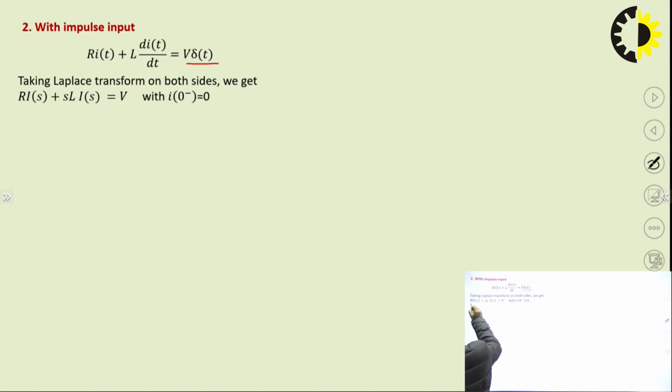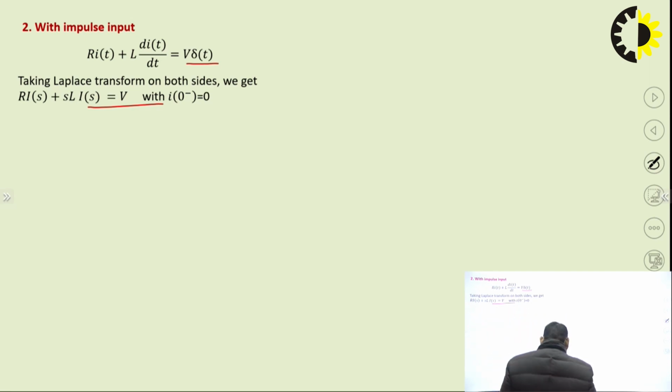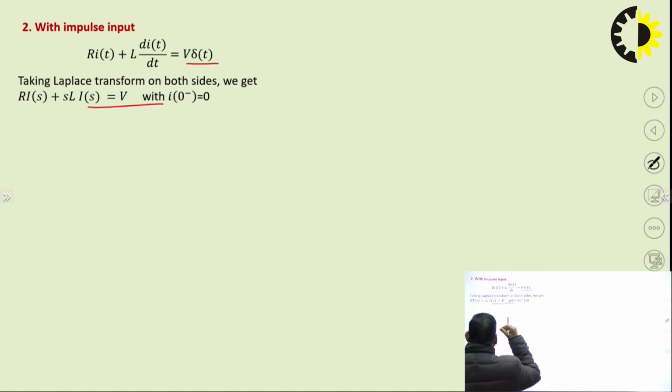When we take the Laplace transform we get this expression. The Laplace transform of delta t is 1, so it is V, whereas in the previous case the Laplace transform of the unit step is 1 by S, so it was V by S. Here it is simply V.